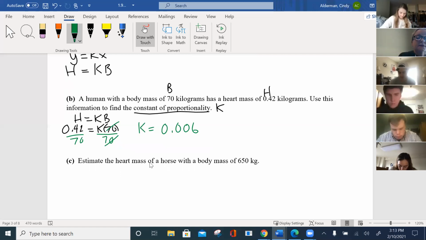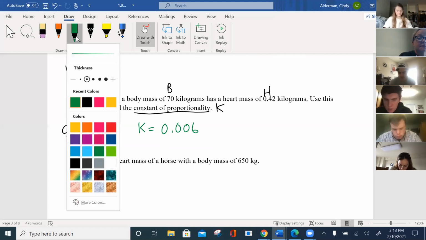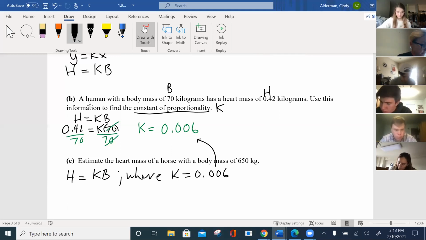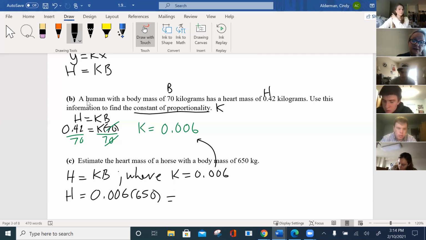So if I start with H equals kB, where k is equal to 0.006 from up here, then H would equal 0.006 times the body mass of 650, which if you put this in your calculator, you would get 3.9 kilograms.